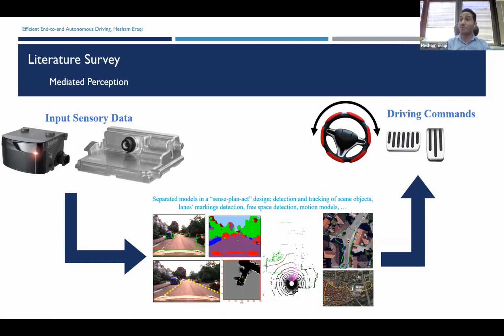The mediated perception approach tries to split this big system into subsystems. Each subsystem does a specific job, like object detection from camera, semantic segmentation from LiDAR, road lanes detection, static free space detection, and eventually combines all of this information to predict the 3 numbers.